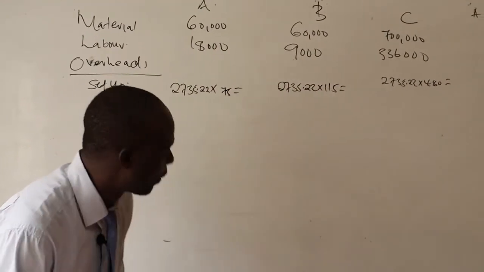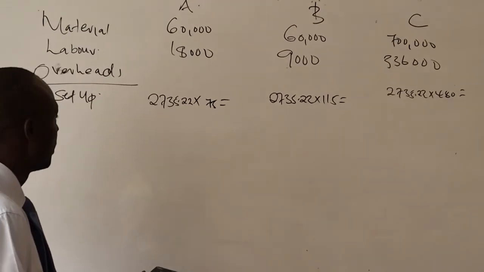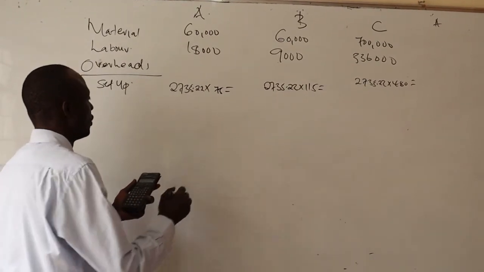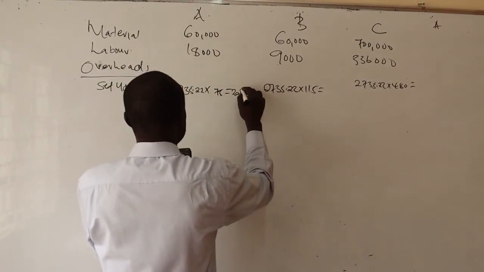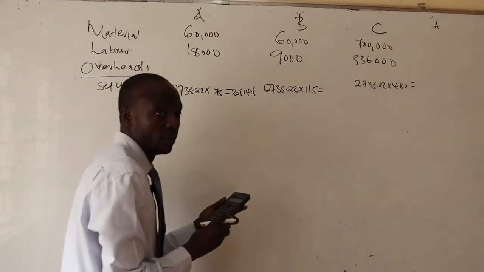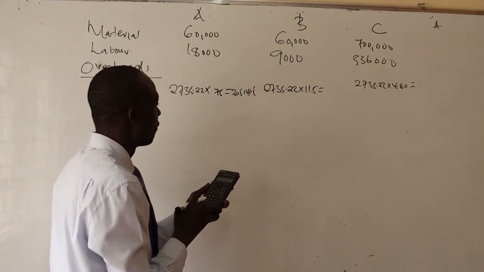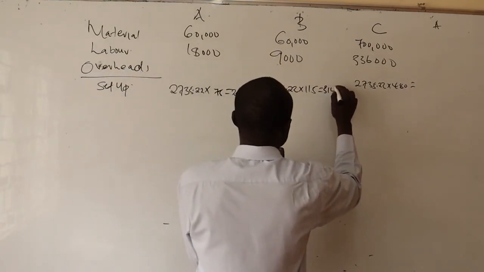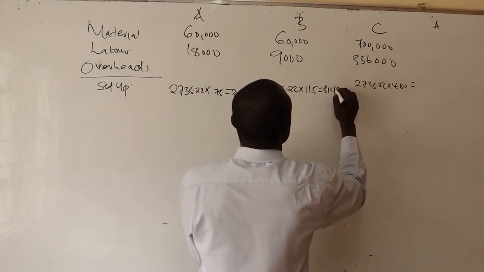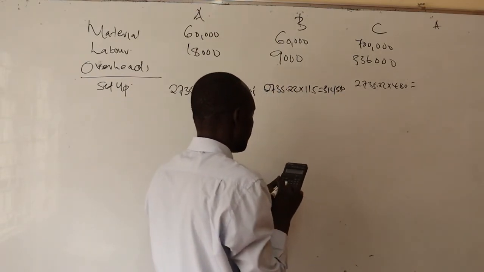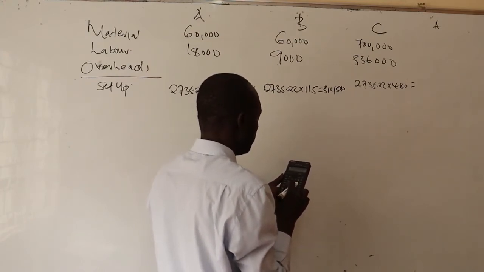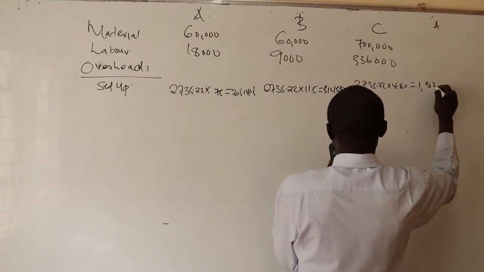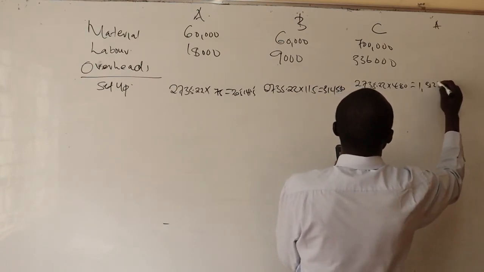So we're going to multiply this one. 2735.22 times 75 is going to be 205,141.5. 2735.22 times 115 is 314,550. The last one is 2735.22 times 480. So this is going to be 1,312,906.